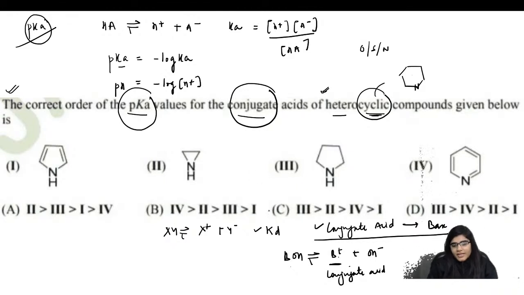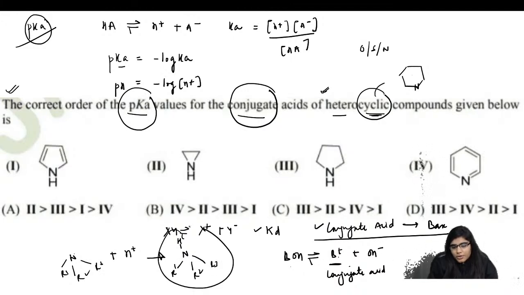According to this concept, if I'm taking a heterocyclic compound, heterocyclic compounds or nitrogen compounds are basic in nature. Let's take an example: R, R dash, R2, R3. So this is a base. It will take this H plus ion, giving this lone pair, and it will convert to this.